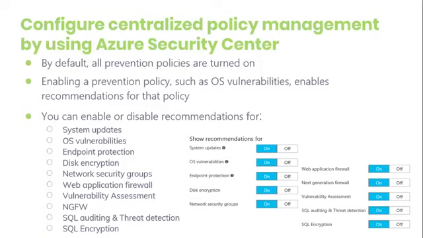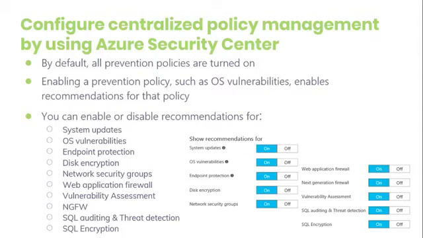Endpoint protection: recommends endpoint protection be provisioned for all Windows VMs to help identify and remove viruses, spyware, and other malicious software. Disk encryption: recommends enabling encryption in all VMs to enhance data protection at rest.